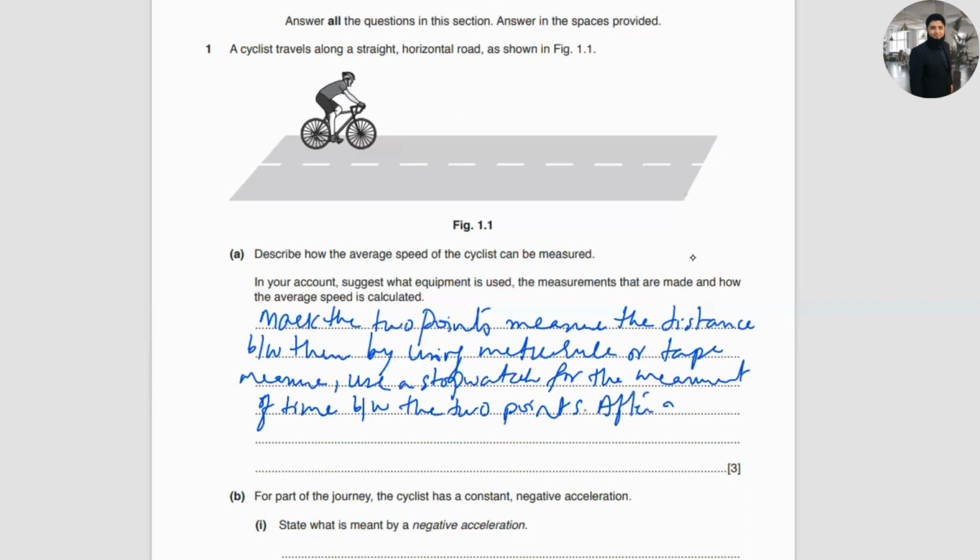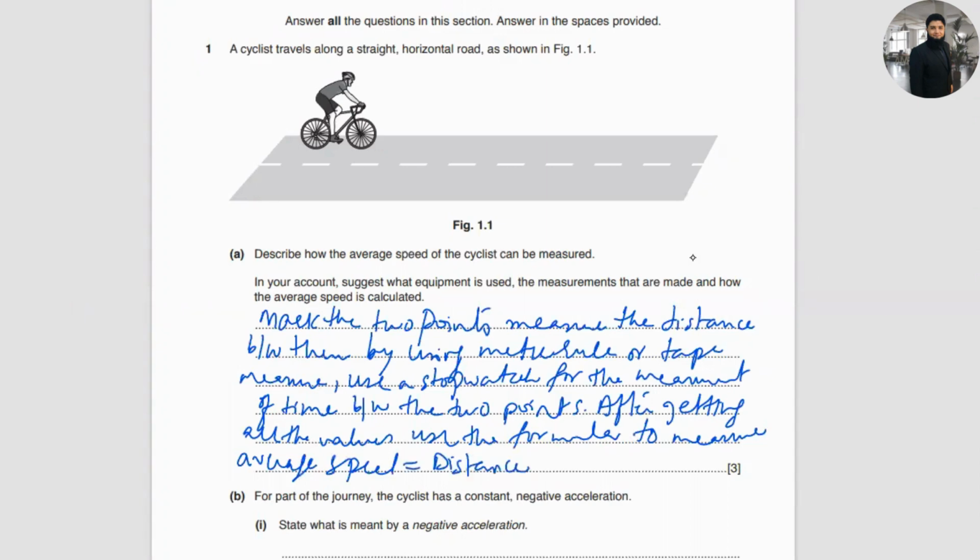After getting all the values, use the formula to measure average speed is equal to distance over time. Right? Is this clear to everyone?